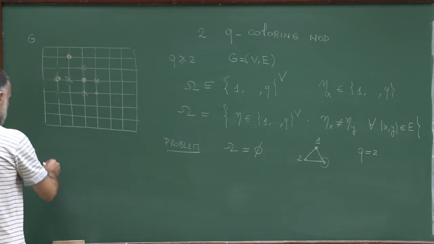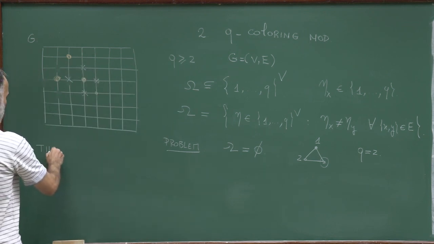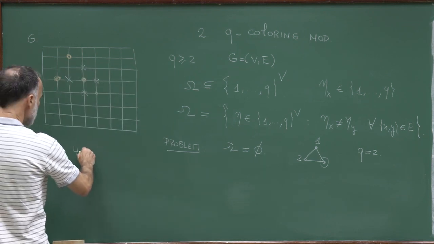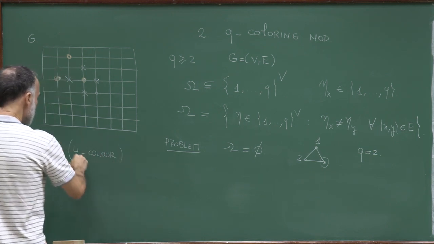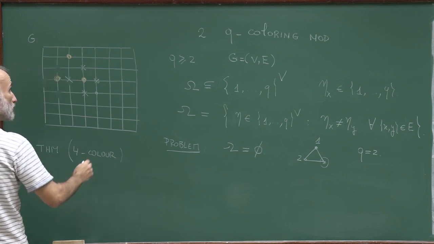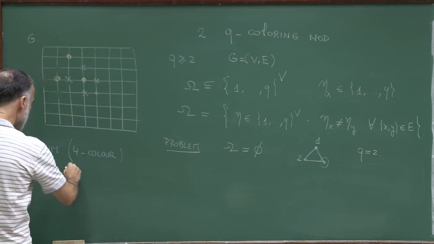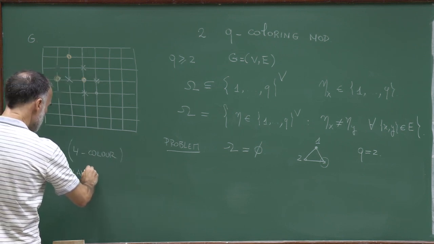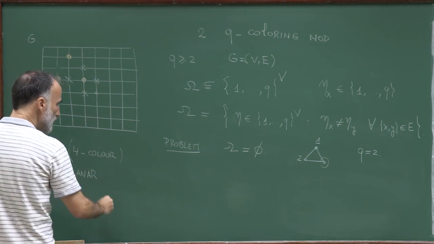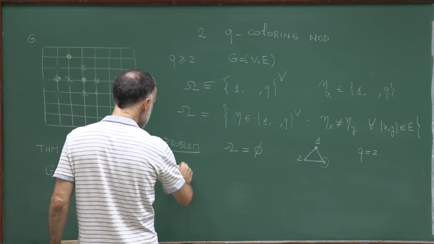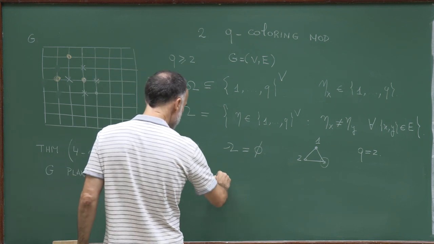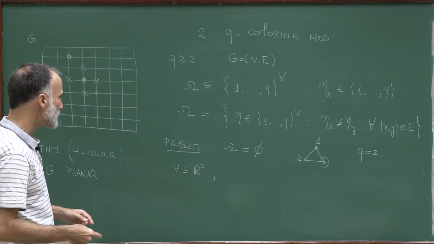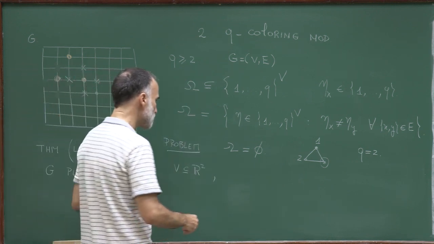So there is a famous theorem, which is the 4-color theorem, which tells you that if G is a planar graph, and planar here means that the set V is contained in R2, and that this graph has no edges which cross.